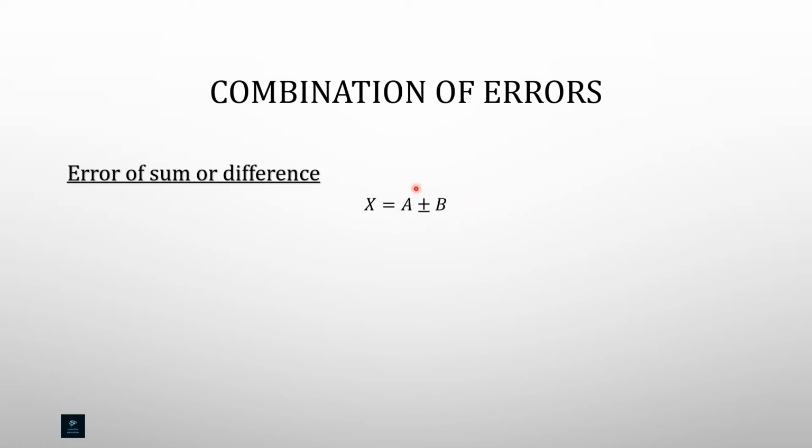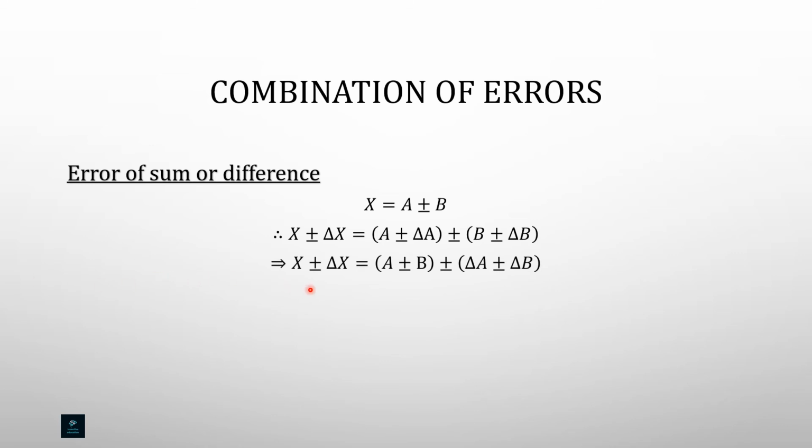We want to know the error in x, given that the error in A is delta A and the error in B is delta B. Therefore, x plus minus delta x is equal to A plus minus delta A, plus minus B plus minus delta B.